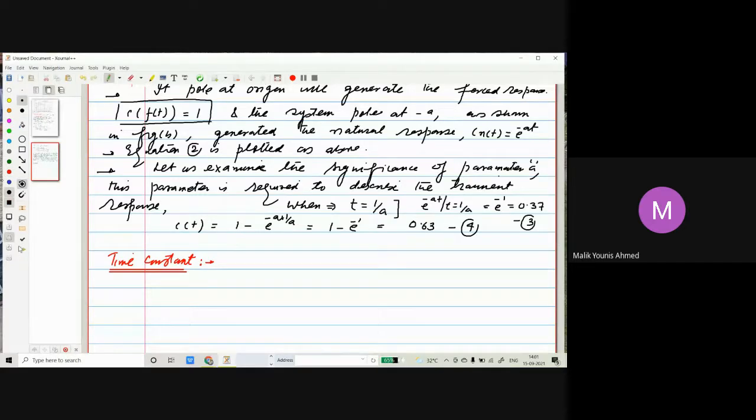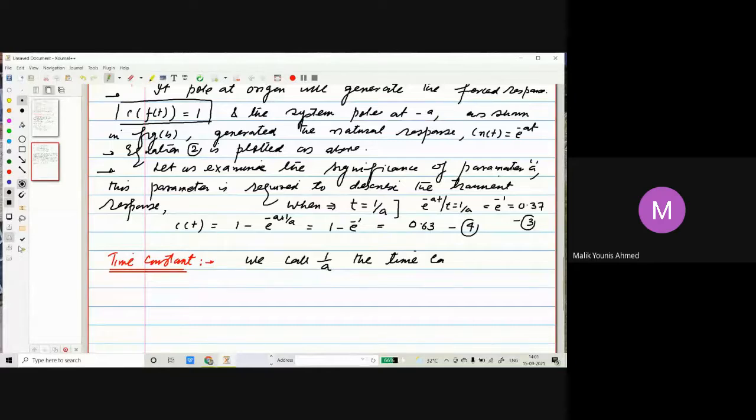How can we say it? We call 1 by A the time constant, because I have just now told you we have substituted t equal to 1 by A.